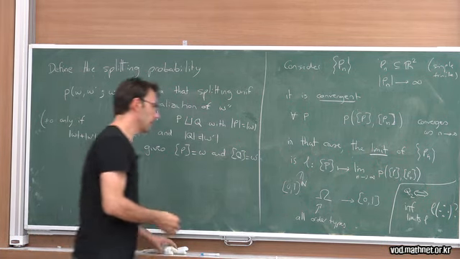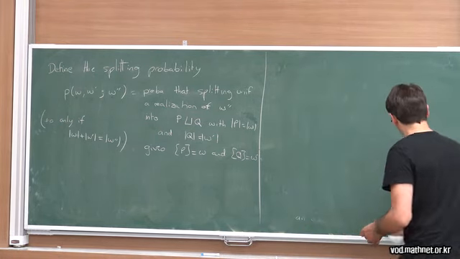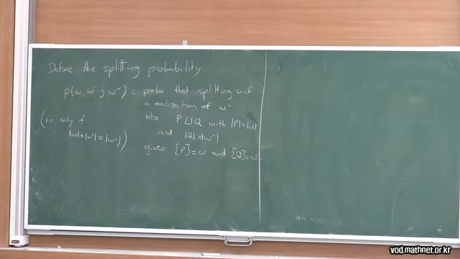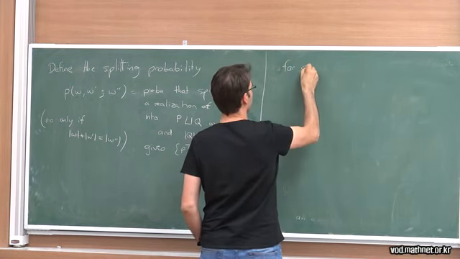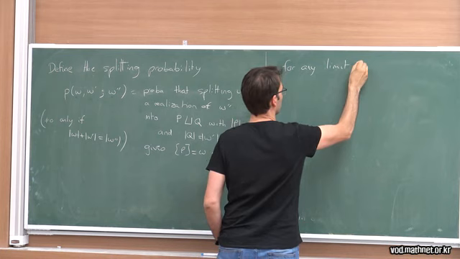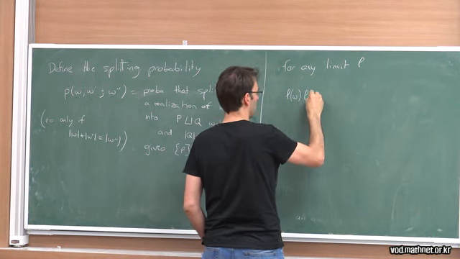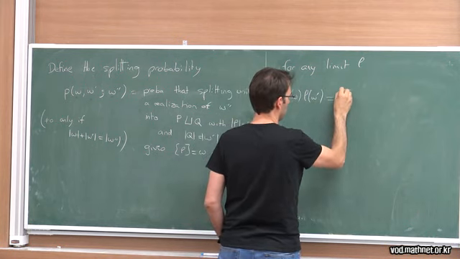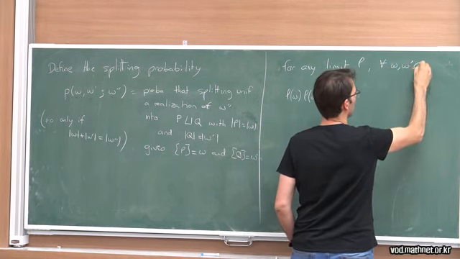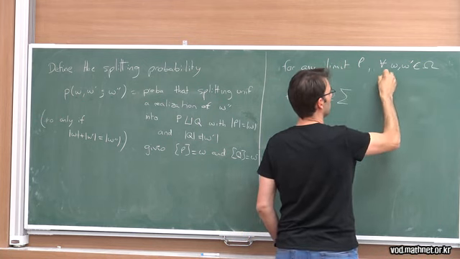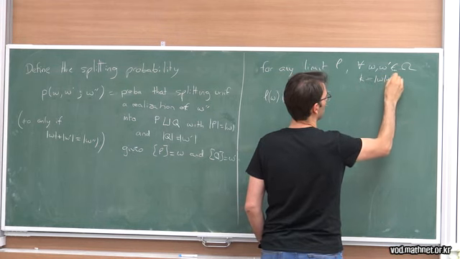So you give me, I take a larger point set and I split. And I think it's a good exercise in discrete probability to show that this relation generalizes. So for any limit, we have that L of omega times L of omega prime is a sum, for any order types omega, omega prime, and k equal to the size of omega plus the size of omega prime.